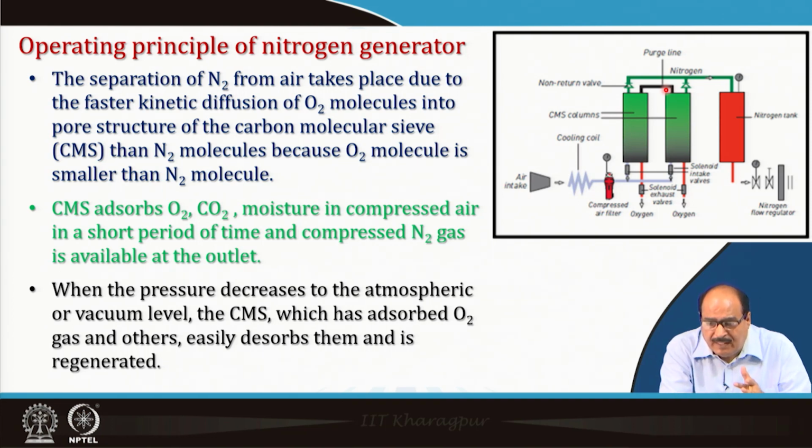You see the air intake, the compressed air, going to the CMS columns. Air goes in and nitrogen is purged out. Finally the oxygen goes out and the nitrogen remains, and the amount of oxygen inside the storage chamber is reduced by this purging.